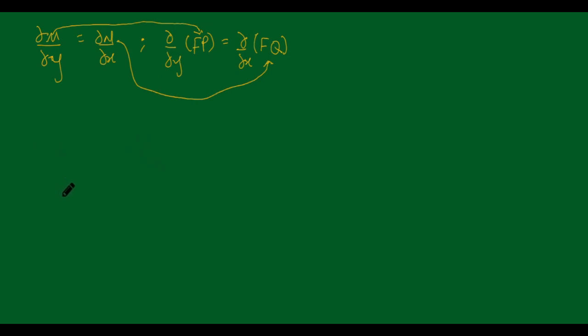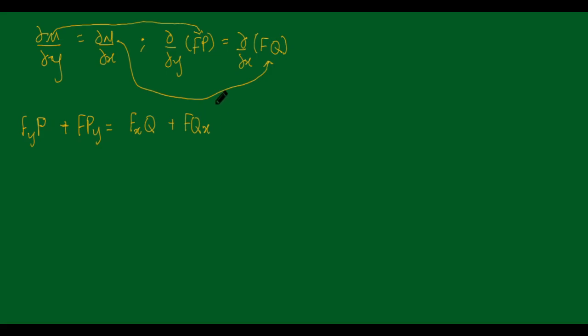Now we can apply the product rule to this. To apply the product rule, we now have fy p plus f py must be equal to fx q plus f qx.